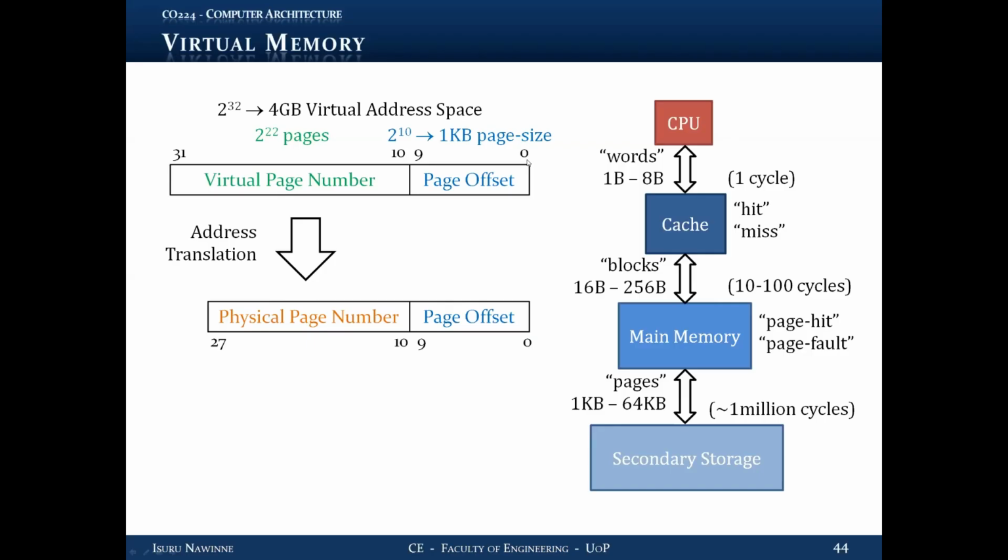The virtual address has 10 bits for the page offset, so we should have 10 bits for the page offset in the physical address as well, right? Because the entities are the same, the page size is the same for the memory hierarchy.